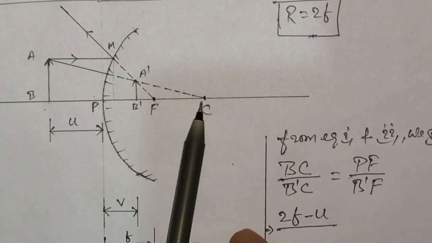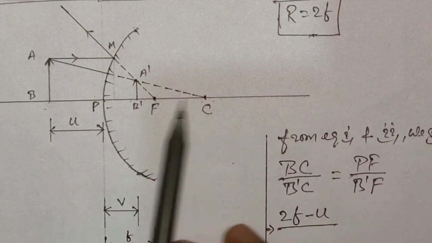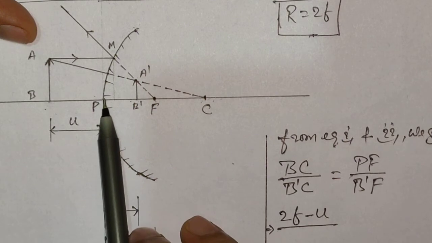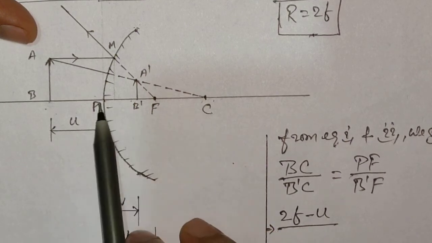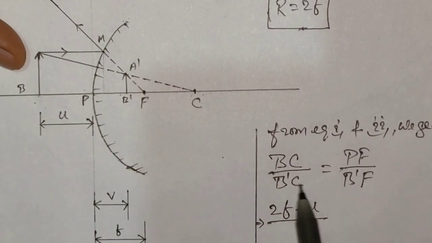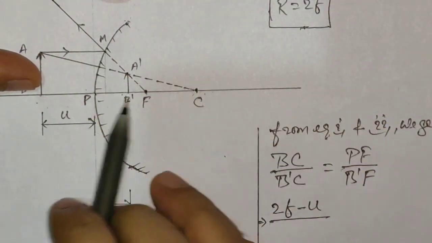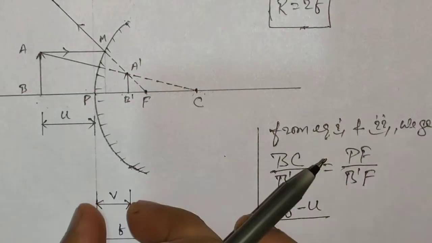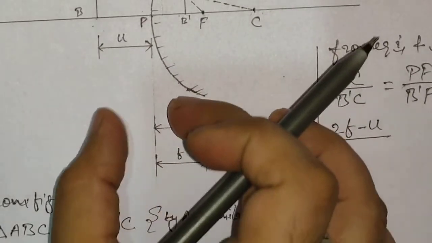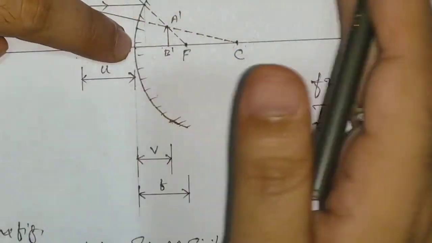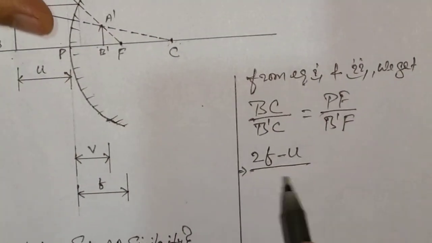This is your B dash C. So B dash C is equal to, we are going to measure the distance from the pole, PC minus PB dash. So B dash C can be written as PC, which is again 2f, minus PB dash. PB dash, as I had shown in the diagram, is equal to v. And again, we are measuring it to the positive side, so both are going to be in positive sign.